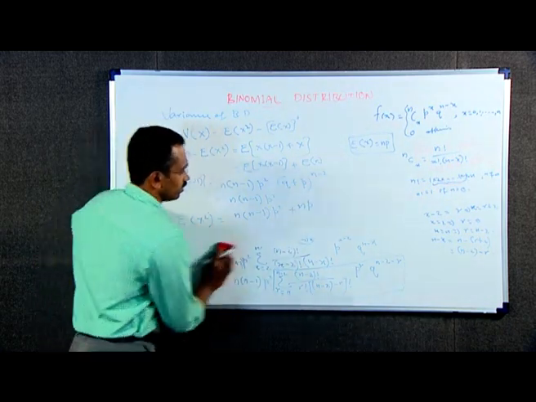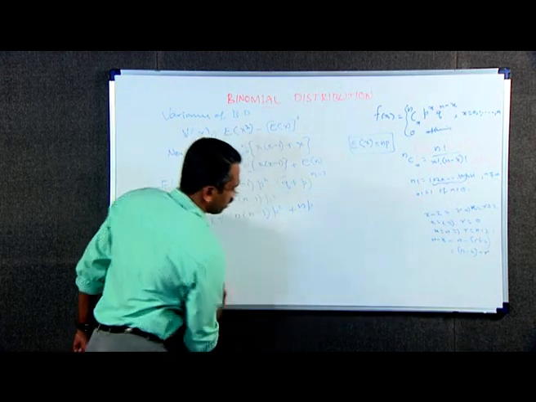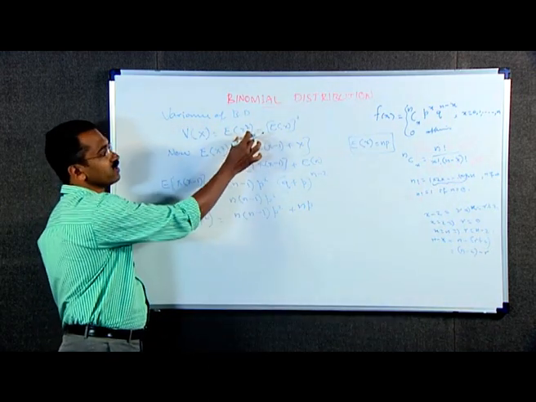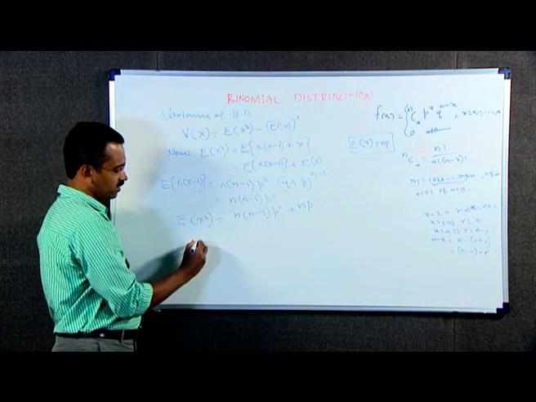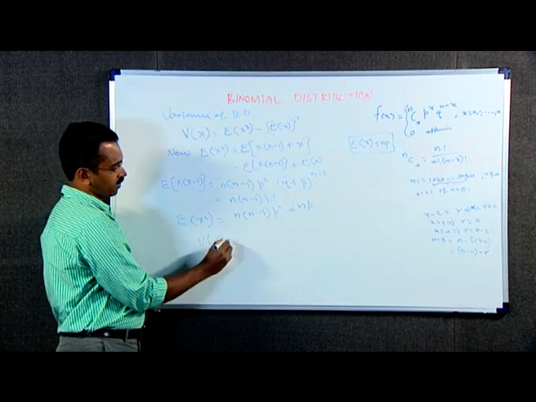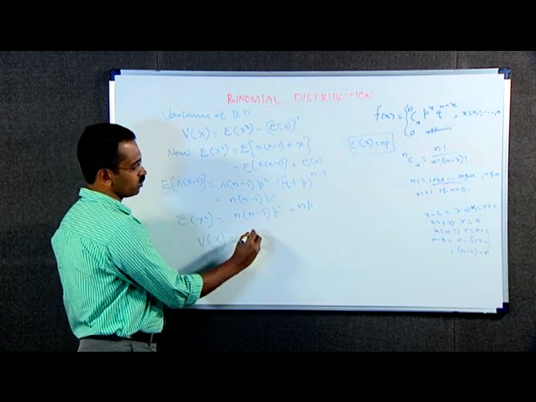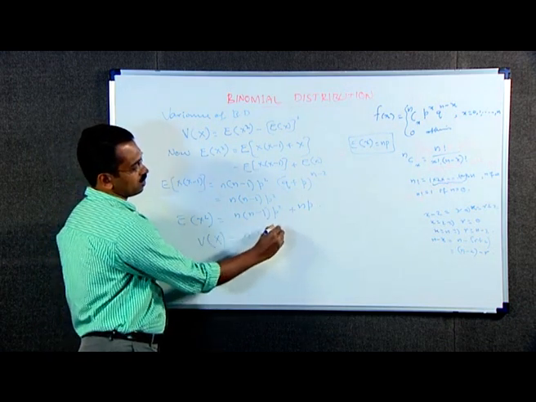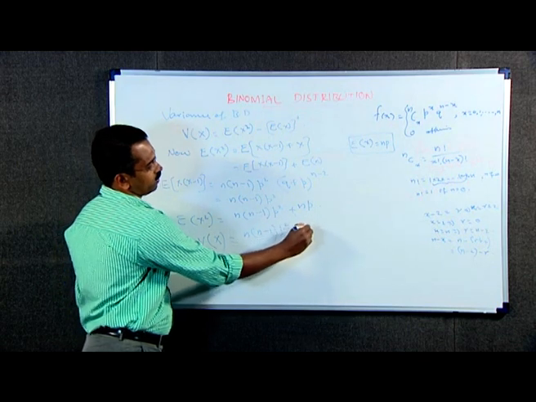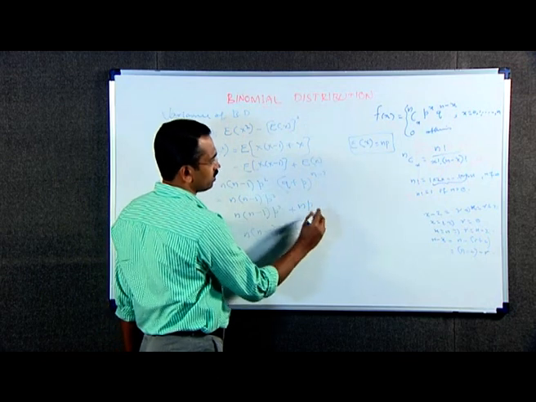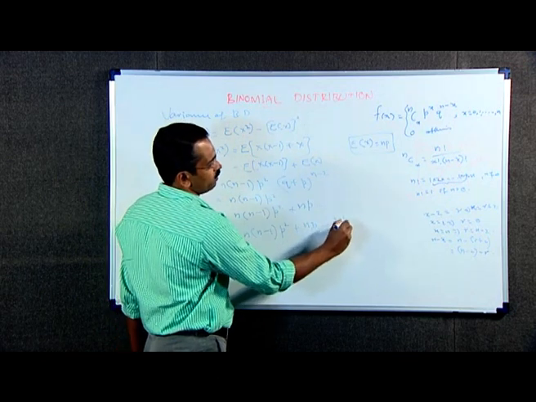And therefore, variance of x is equal to E of x square, n into n minus 1 p square plus np, minus E of x the whole square, that is np the whole square.